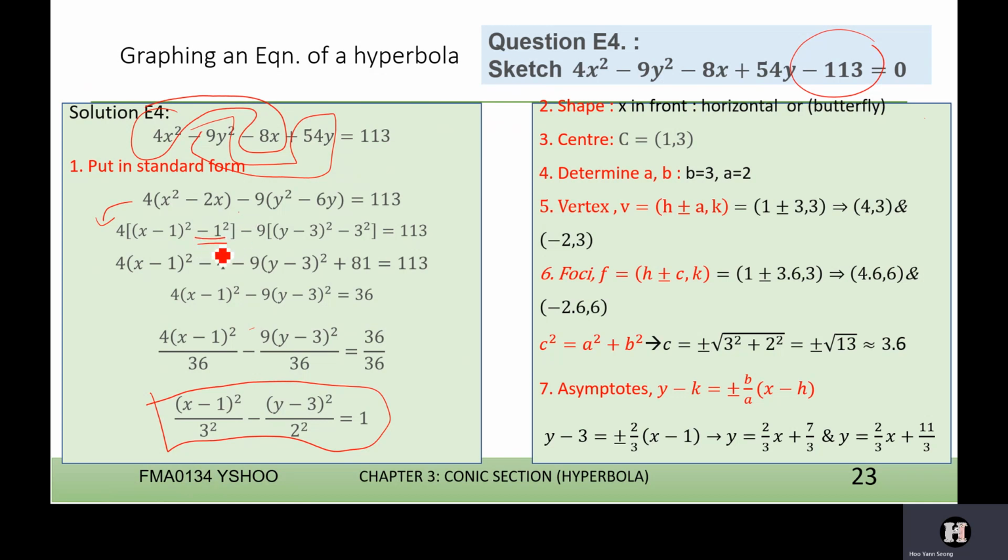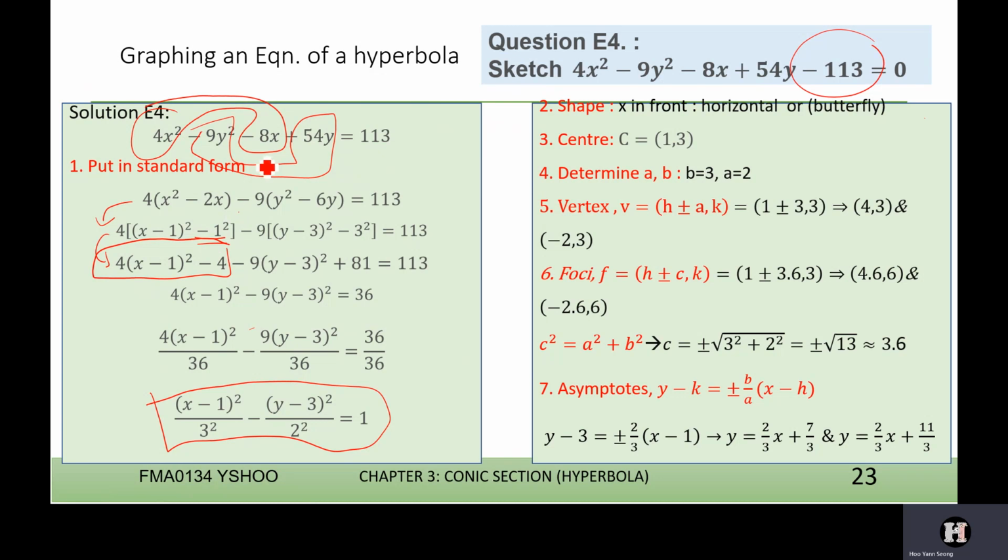Then after that, the next step is expanding our bracket just now. So 4 multiplied by minus 1 is minus 4. So our completing the square for the x is already completed.